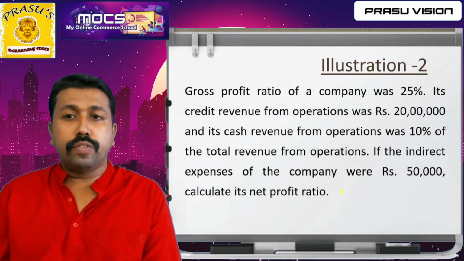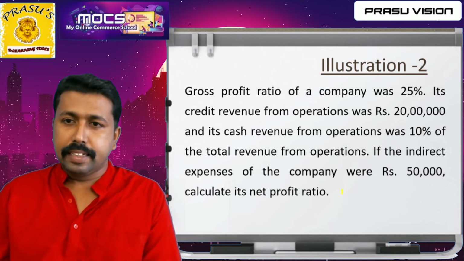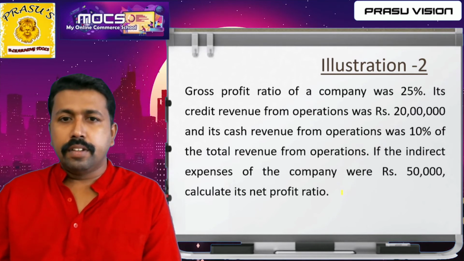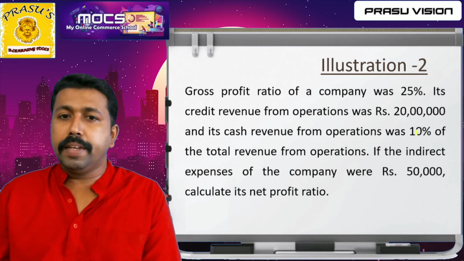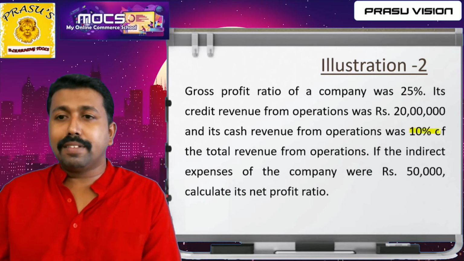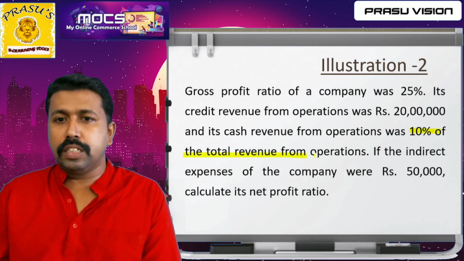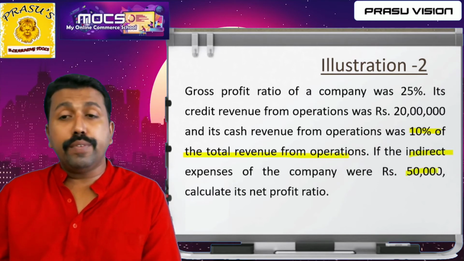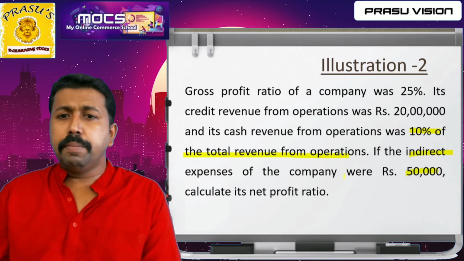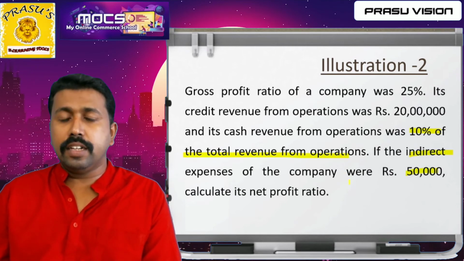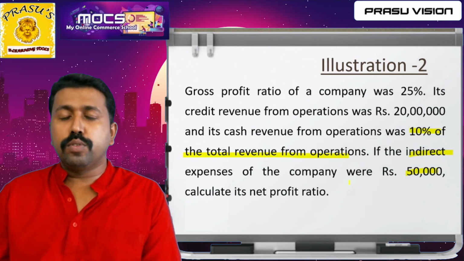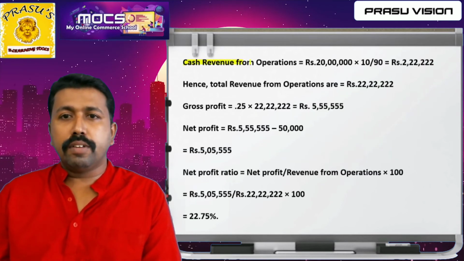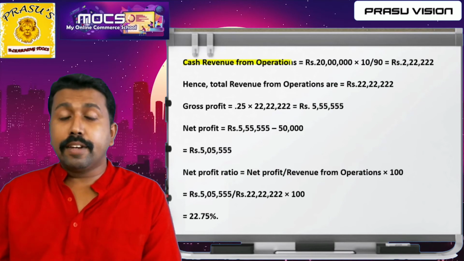Gross profit ratio of a company is given as 25%, and the credit revenue from operation is given as 20 lakh, and its cash revenue from operation will be 10% of the total revenue from operation, and the indirect expense is given as 50,000, which we have to deduct. So only limited information is there. It is an indirect question, we have to find out the values at first. So we have to calculate the cash revenue from operation, because only credit revenue is given.